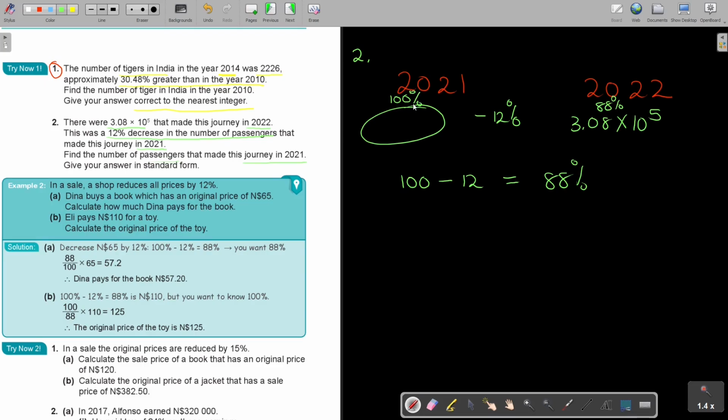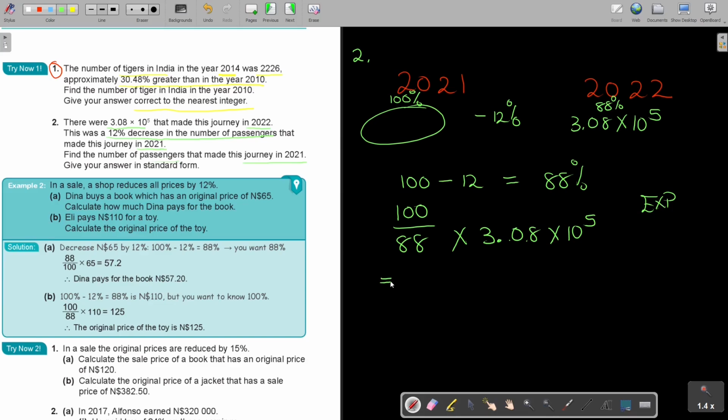Do you see that? So I'm going to say 100 over 88, and I multiply with this 3.08 multiplied 10 to the power. Can you still remember how to press it on your calculator? So it's 3.08, and then look for that key, EXP, and then 5. Then multiply by this.